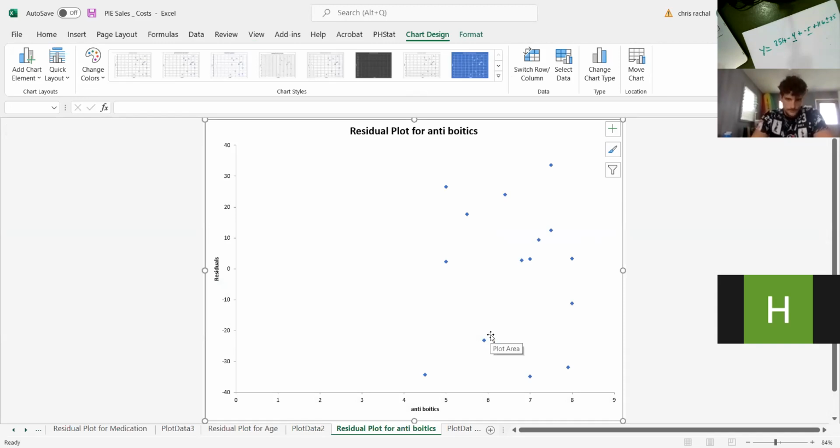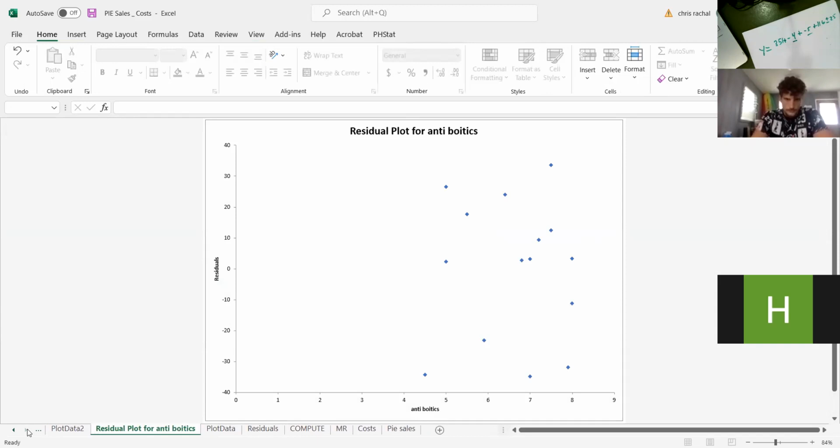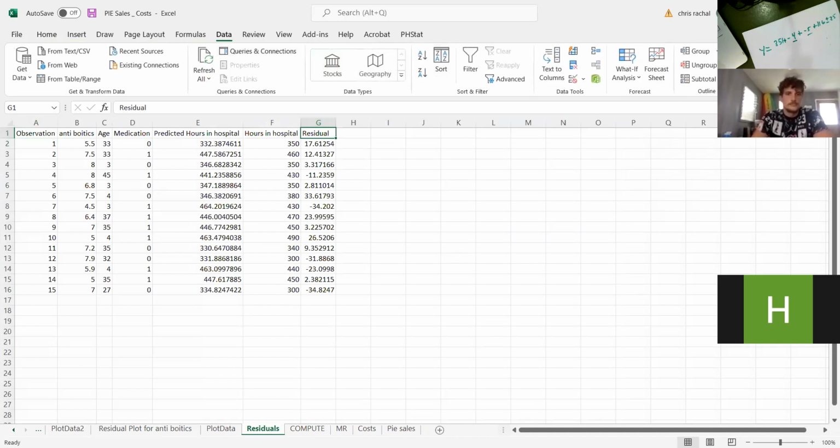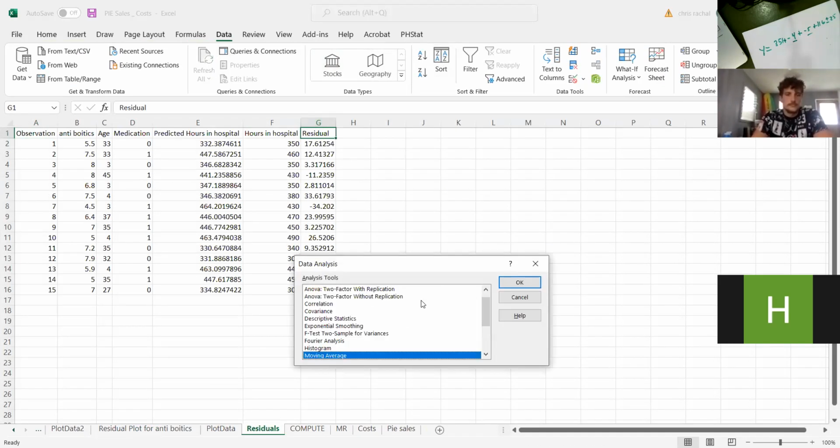And this is for antibiotics. Residuals versus plot. We can also run this and get our skewness and kurtosis out of it. We're going to write this up in just a second, and it should take us 10 minutes.